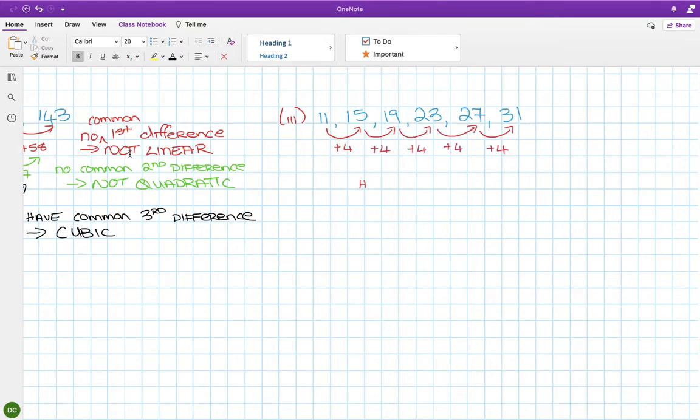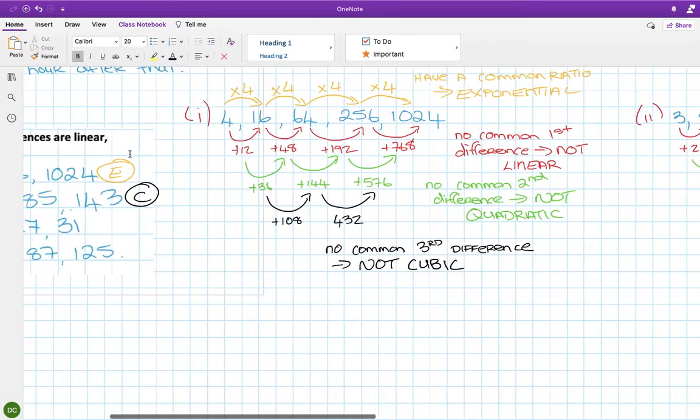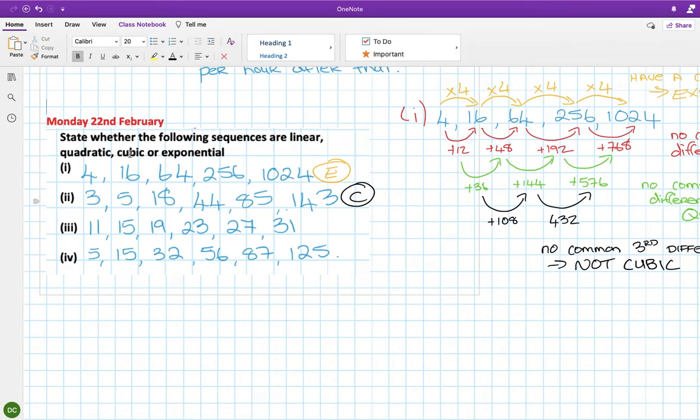So we have a common first difference. So this is a linear sequence. Much quicker when it's linear. So there's your linear sequence.